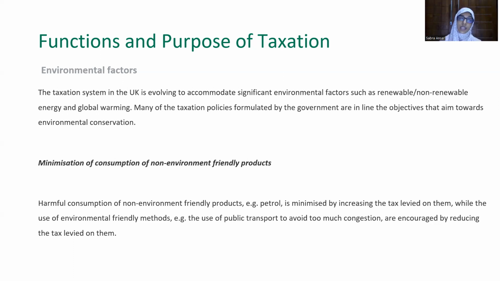So, minimization of consumption of non-environmentally friendly products. When there is harmful consumption of non-environmentally friendly products, such as petrol, it is minimized by increasing the tax levied on them, while the use of environmentally friendly methods, for example the use of public transport to avoid too much congestion, is encouraged by reducing the tax levied on them.